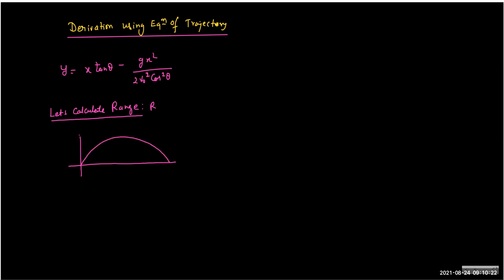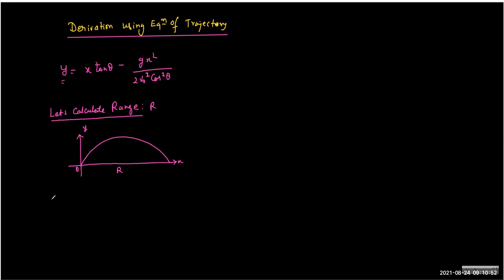So if you throw something, you can see that at the beginning y is 0, at the end y is 0. So if you put y equals to 0, it will give you two values of x.